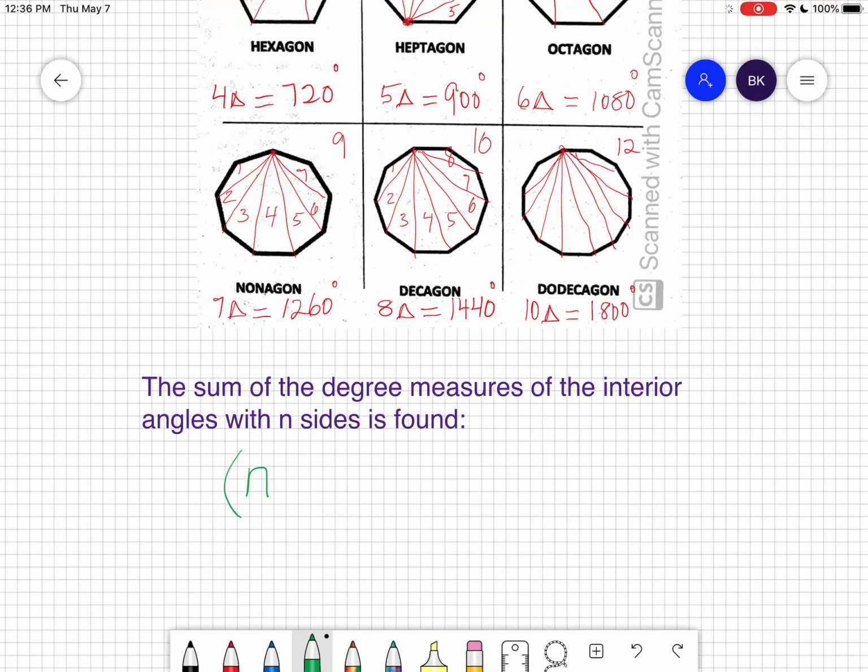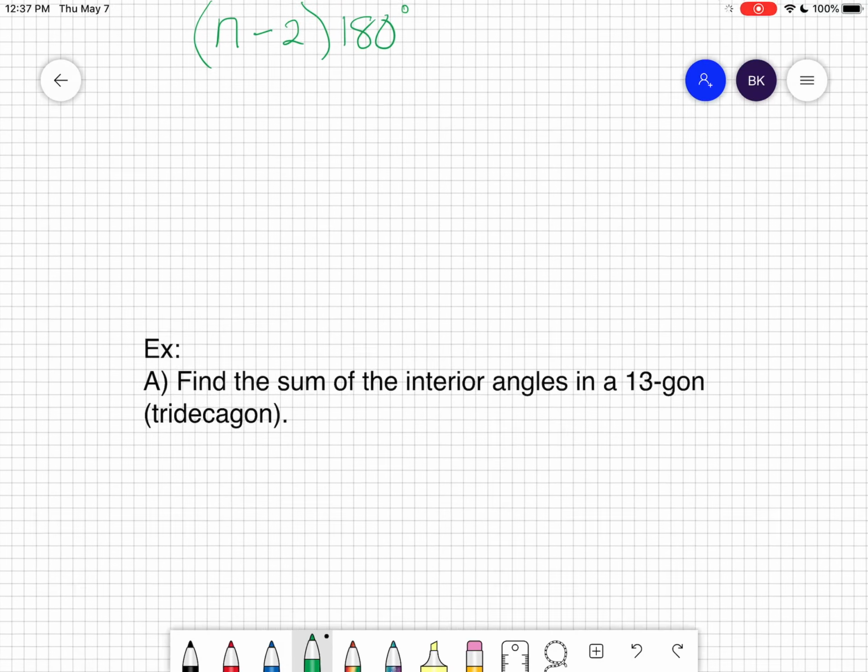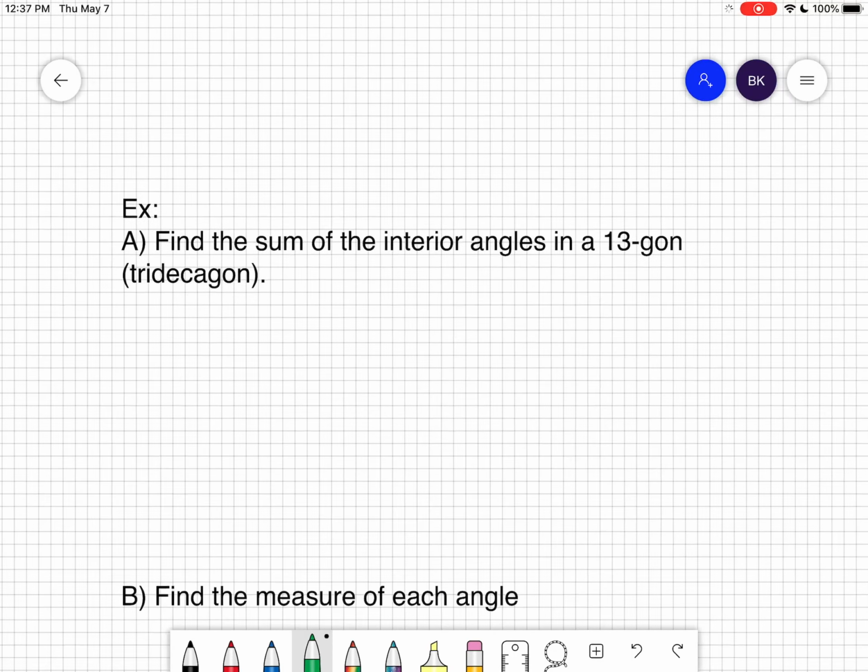The sum of the degree measures of the interior angles with n sides is found by subtracting 2 from the number of sides and multiplying it by 180 degrees. Okay, just like what I did, right? So the number of sides minus 2 will give you the number of the triangles it forms times 180, and that's what I did.